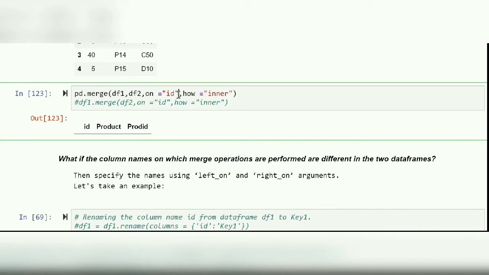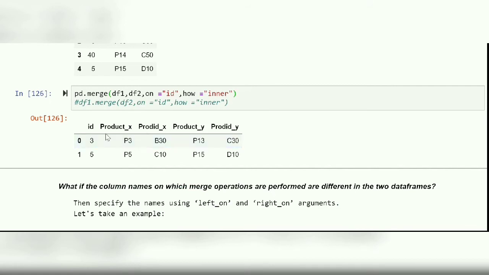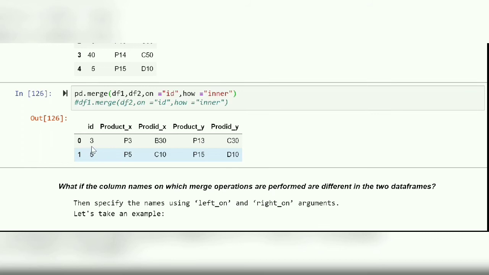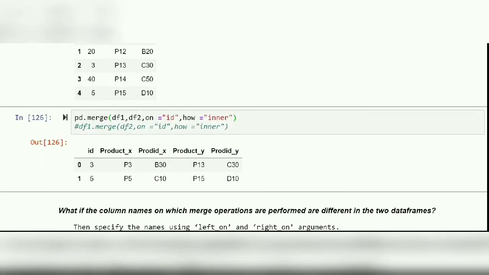Now, on, I am passing an ID parameter because I have the same column names in both the data frames, and how inner. So I am performing an inner merge here. This gives me only the matched IDs, the IDs that are common in both the data frames.